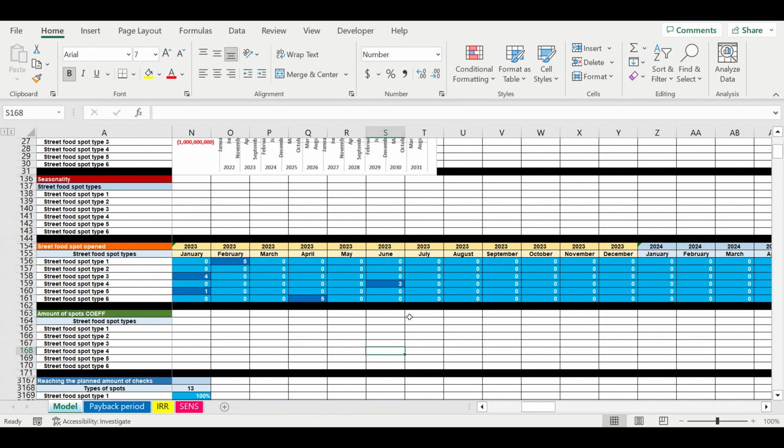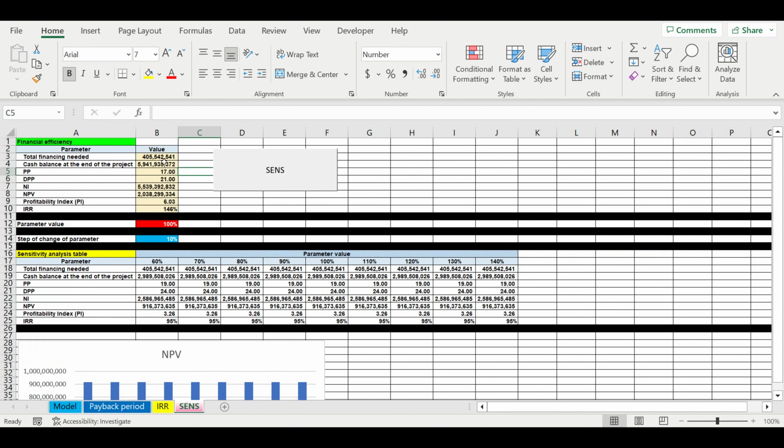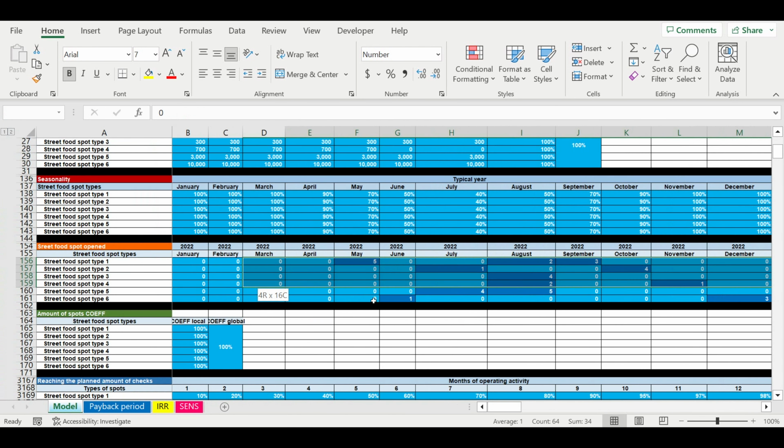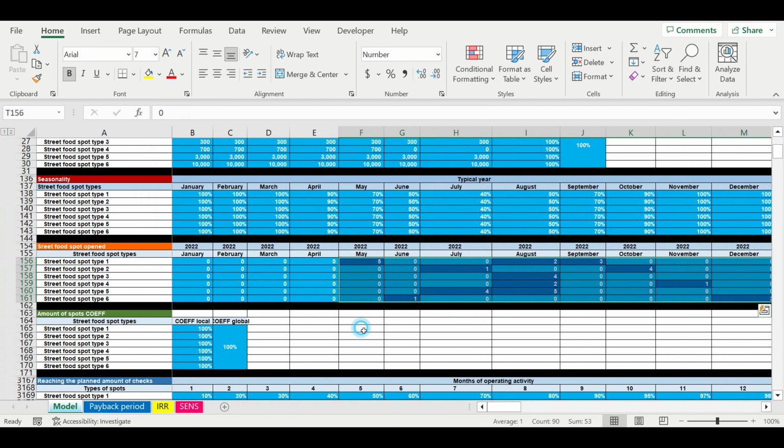And here is a very simple table where you can play with how you are going to develop your chain, and you can see how the amount of financing you need to start this scenario jumps or decreases. You are just playing around with these inputs and looking at the amount of money that you need to start the business in this or that scenario.